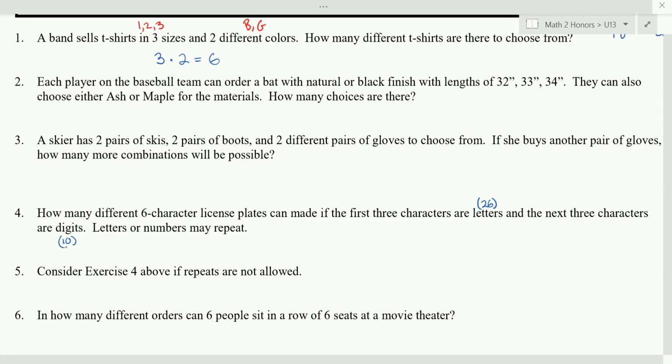Let's say we had a 2-character license plate, okay? And they're just letters, simplifying it. Only letters. I want to pick 2 letters. I can repeat them. How many different 2-character license plates could I make with letters? How many? 18? Well, okay. More than that.